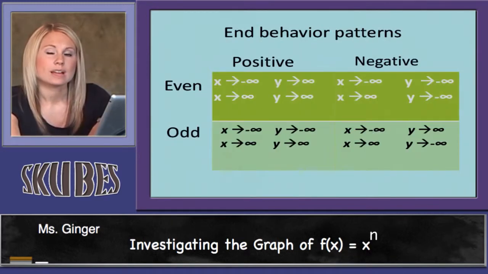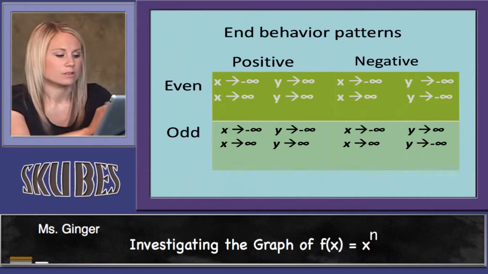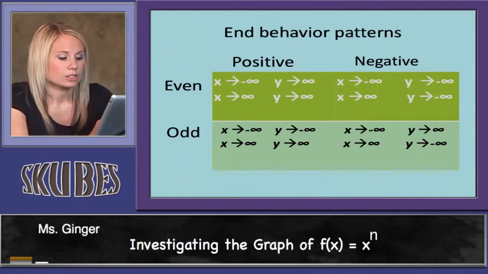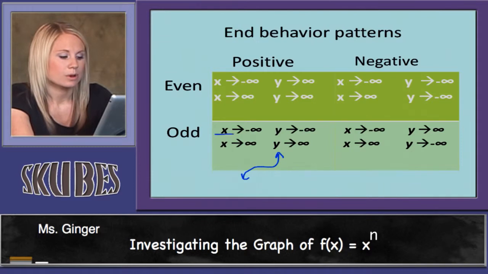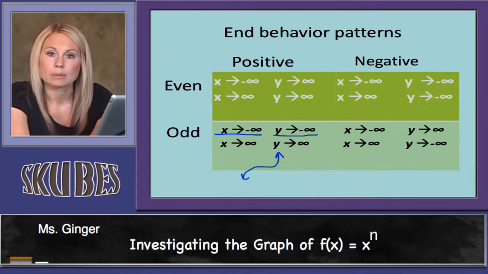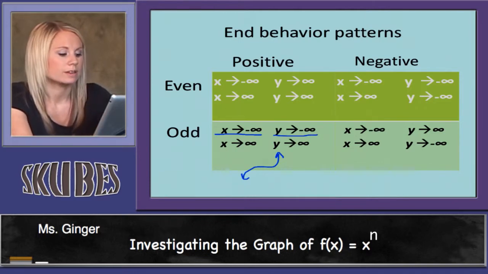Alright, to state what's happening on the ends of that graph with formal mathematical notation, we're going to use this notation here. Remember the graph that we just looked at was left end down, right end up. So to state that in math notation, we say as x approaches negative infinity, that represents the left, y approaches negative infinity, that represents the down direction on the left end.